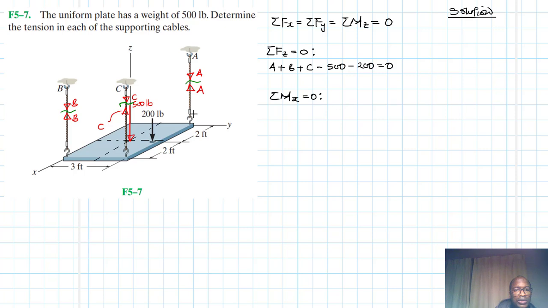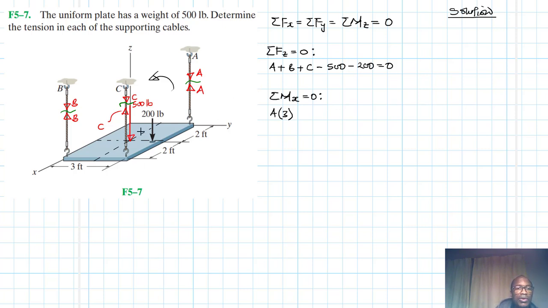Let's start with A. A's moment is going in this direction, right? If you took your thumb like this, the thumb is pointing towards x. So that is a positive moment, because it's in the positive direction of the x-axis. So we'll say A times the lever arm. What's the lever arm? The lever arm is 3. So that tension will cause a positive moment.